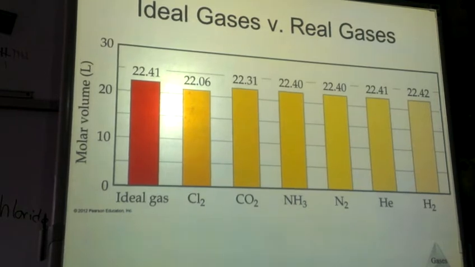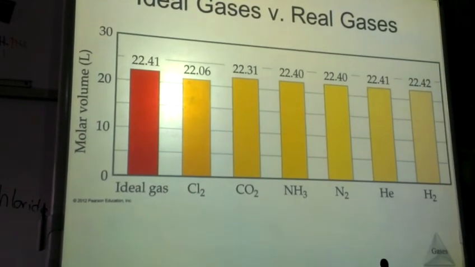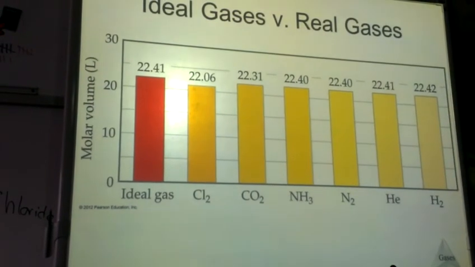As we can see here, for an ideal gas at standard conditions, we think about volume as being 22.4 liters in 1 mole. That's just something we know happens at standard temperature and pressure. If I compare that to the gases on this chart, chlorine is about 22.06 liters, and these take into account real gases.